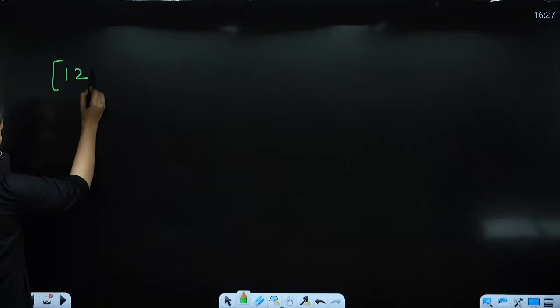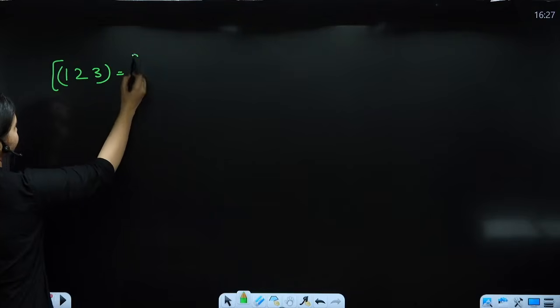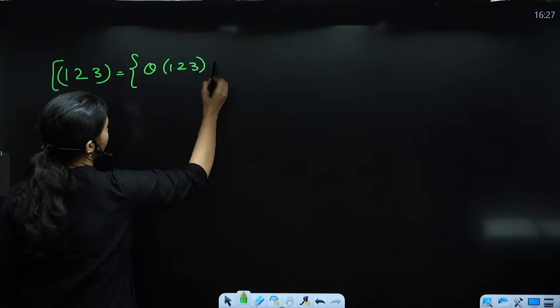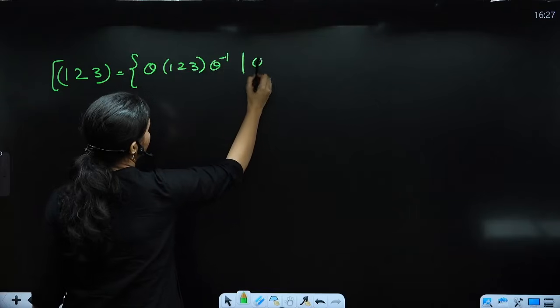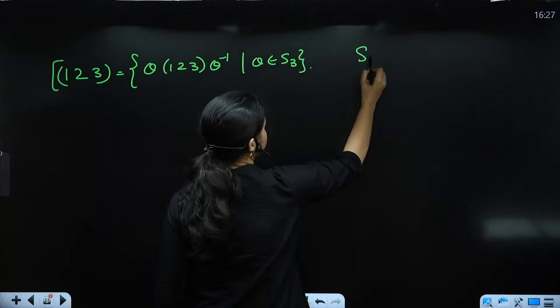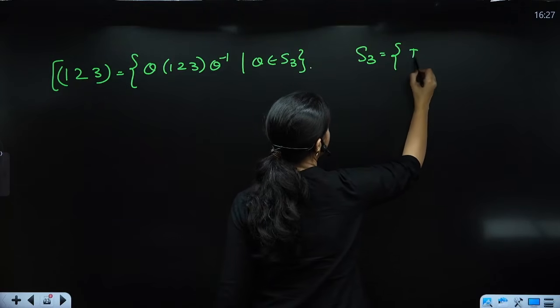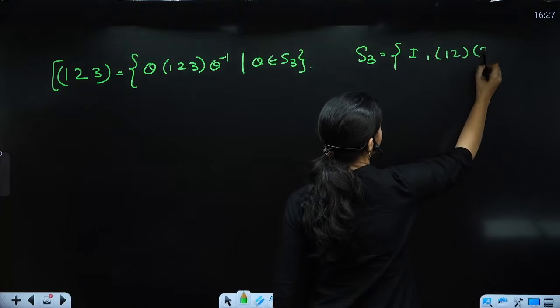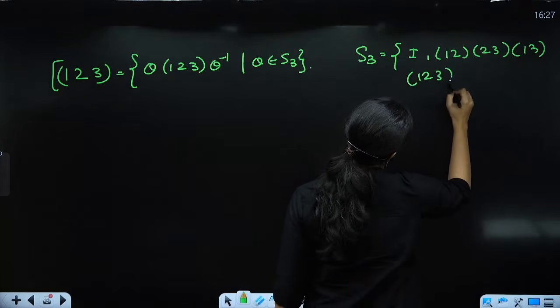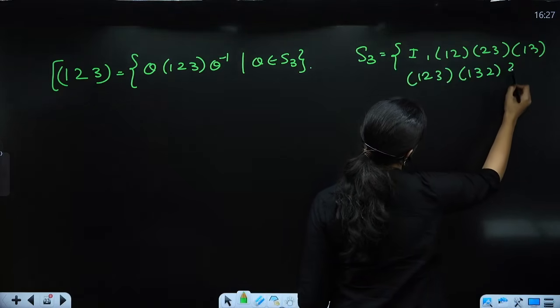So the conjugacy class for (1 2 3), okay, is theta (1 2 3) theta inverse, where theta belongs to S3, right? Now S3's values I'll write here: I, (1 2), (1 3), then you have (1 2), and then you have (1 3), right?